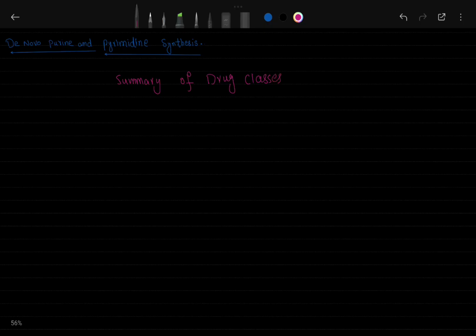Leflunomide blocks pyrimidine synthesis in the orotic acid step.